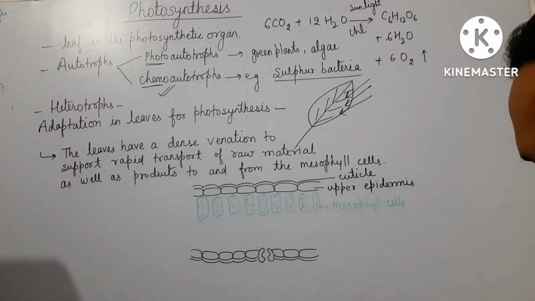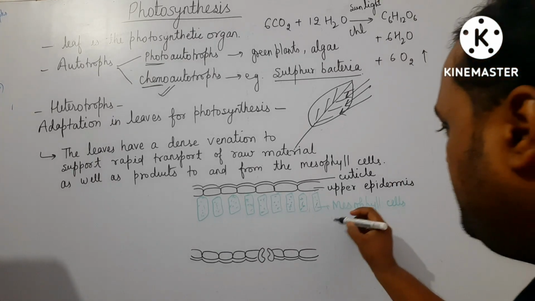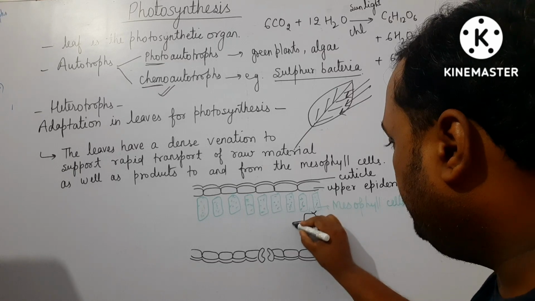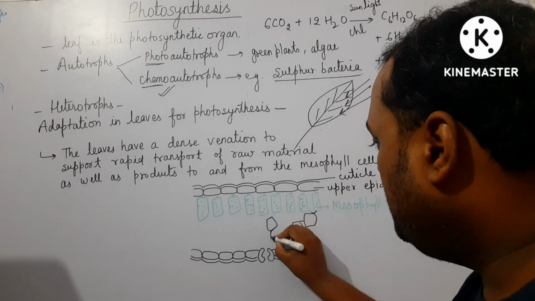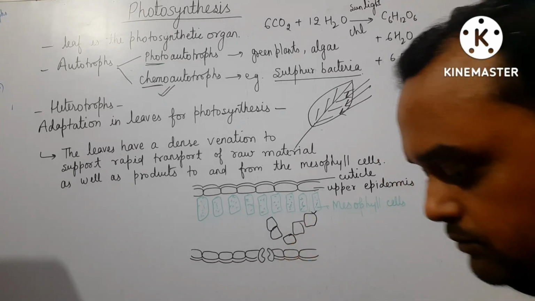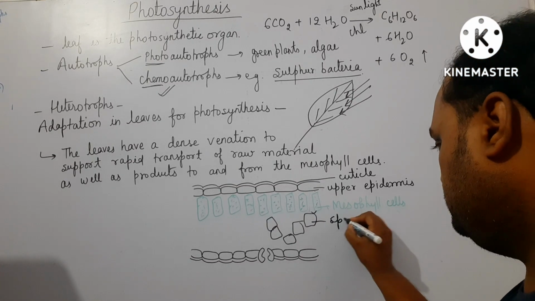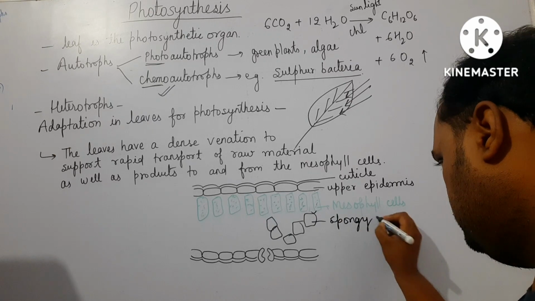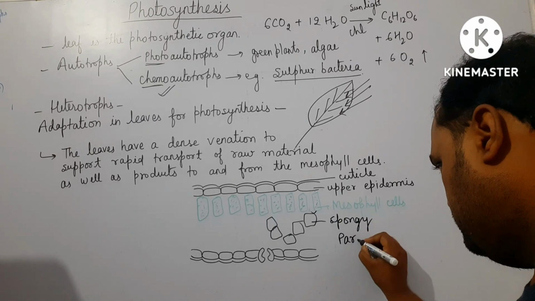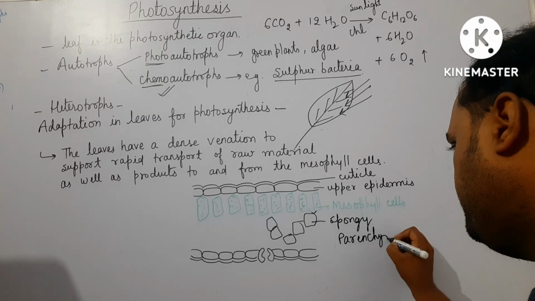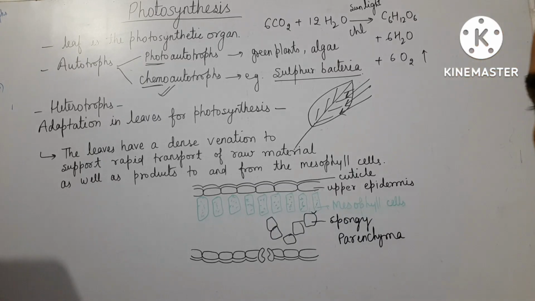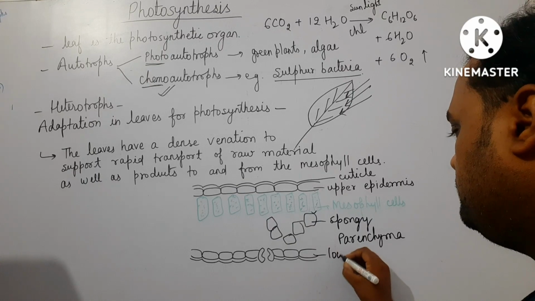Now just below the mesophyll cells, different types of cells are also present here, which is known as spongy parenchyma. Spongy parenchyma, and this one is the lower epidermis.